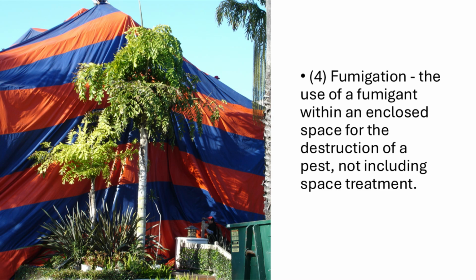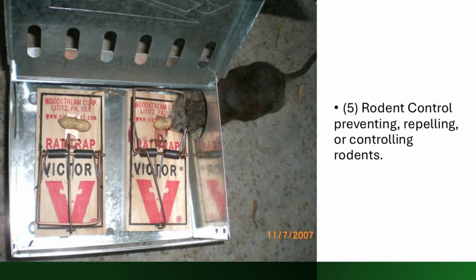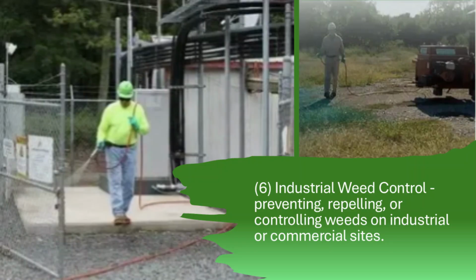Fumigation, the use of a fumigant within an enclosed space for the destruction of a pest, not including space treatment. 5. Rodent control, preventing, repelling, or controlling rodents. 6. Industrial weed control, preventing, repelling, or controlling weeds on industrial or commercial sites.